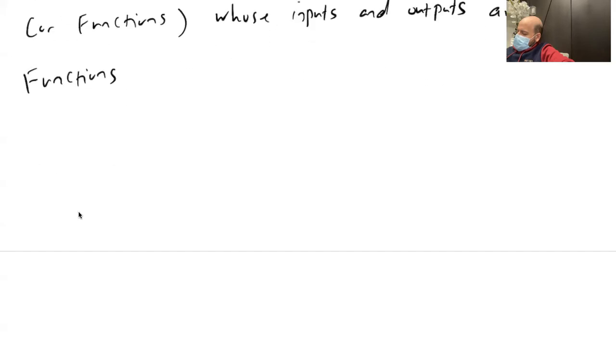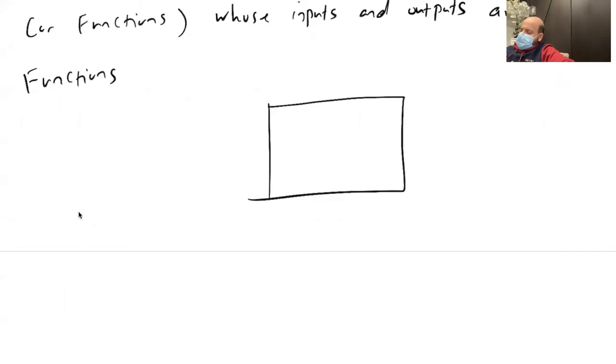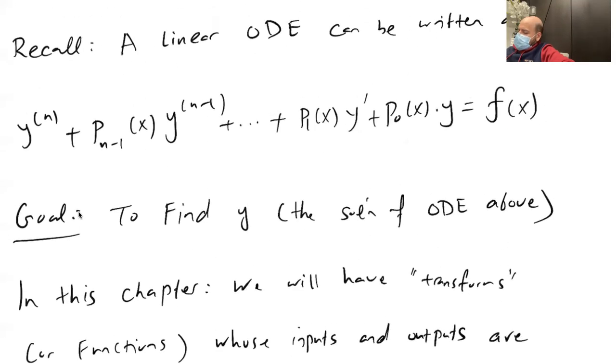So here, remember that in pre-calculus we saw that each function acts like a machine. So here also our function, in this case the Laplace transform, is acting like a machine, but this time the inputs and outputs are both functions. So the input, basically, we can feed it the function that we want to find, let's say y of t.